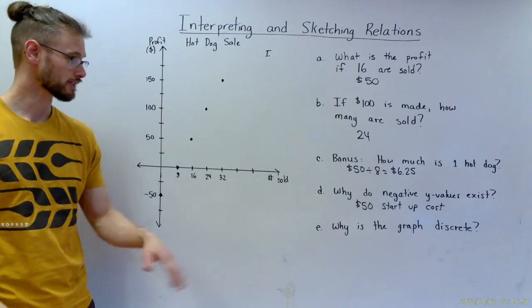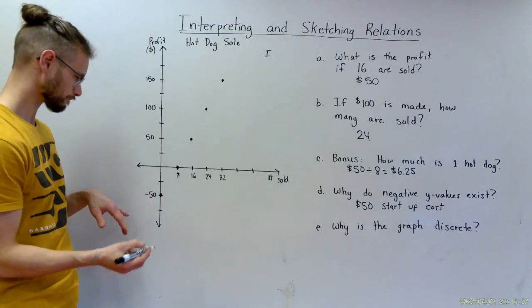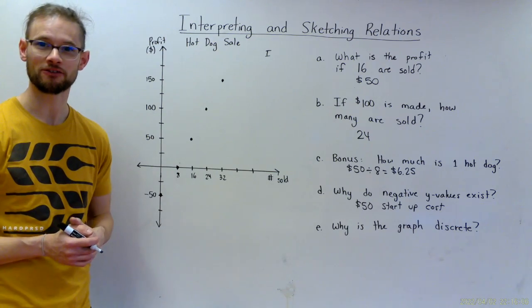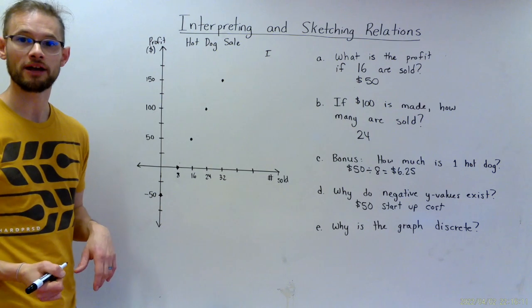For our last question, it says, why is the graph discrete? Well, I would say that this graph isn't even perfectly or accurately drawn, because I've only given you 5 ordered pairs.